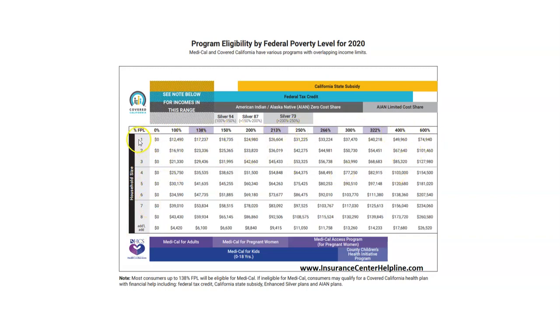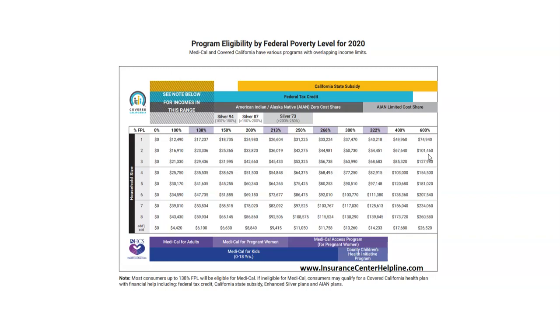So let's say you are a family of two, and you can look at the income and see what you qualify for. So if you are a family of two living in California and your income is this much, then you may qualify for subsidies. And we'll go over this really quick. So this table is available on my website, and I'll reference a link under this video. Again, we will come back to this table again.